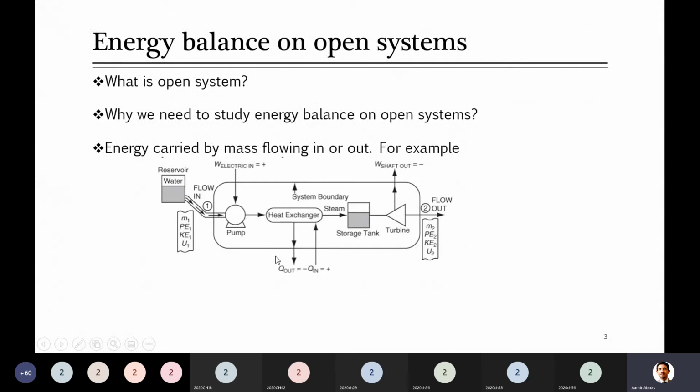Before this, when you discussed closed systems, there was nothing at points 1 and 2. Nothing was getting in, nothing was getting out, just energy was exchanged in the form of work as well as heat. But here, when you are getting in some material with a flow rate of, for example, m1, it will carry some kinetic, potential, and internal energy.